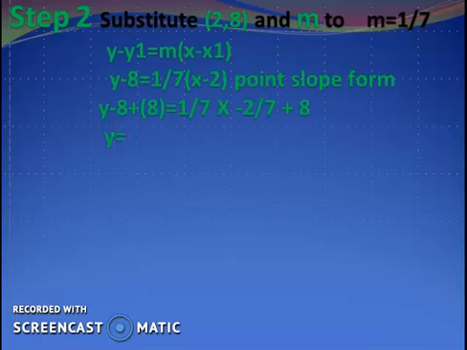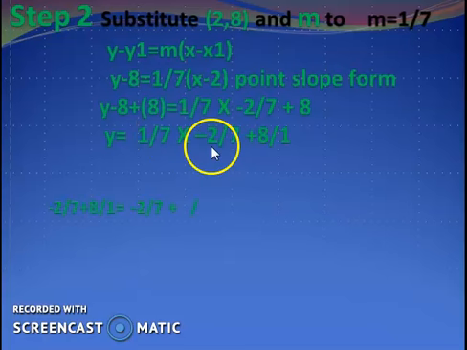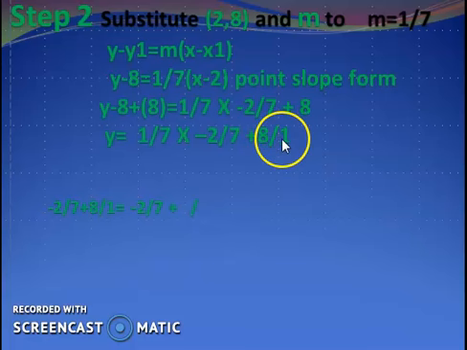Then y equals 1/7 x minus 2/7 plus 8. The denominator of 8 is 1, because 8 is a whole number. So now, we can combine like terms.